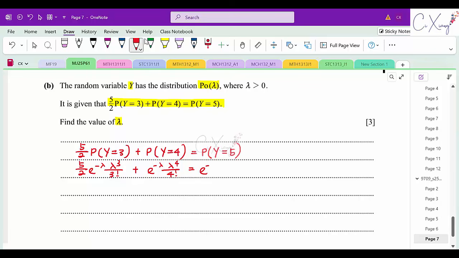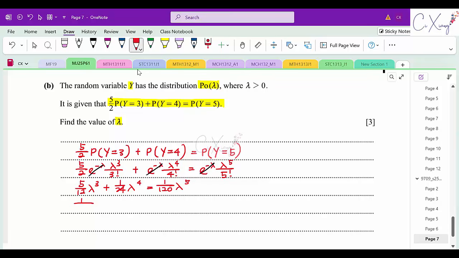Then e^(-lambda) lambda^5 divided by 5 factorial. From here you can simplify all the e^(-lambda). Then after that we simplify all the values here. By right, you will have 5 over 12 lambda^3, 1 over 24 lambda^4, then 1 over 120 lambda^5.